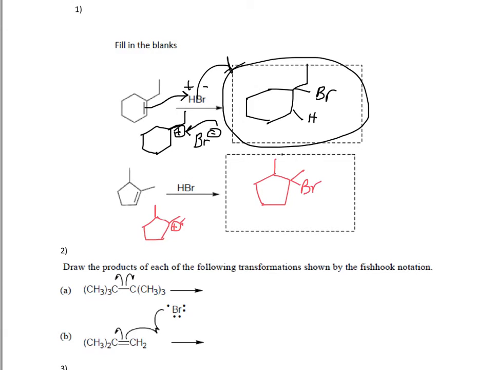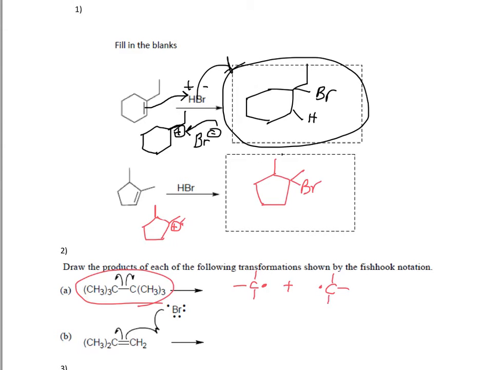Okay, next question is draw the products of each of the following transformations shown by the fishhook notation. The fact that it's a fishhook notation should tell you that this is a homolytic cleavage. This is an initiation, you don't have any free radicals. You're going to end up with a free radical over here and a free radical on the other side.